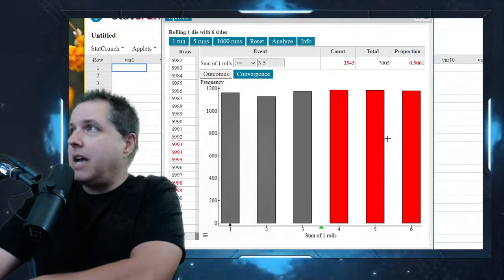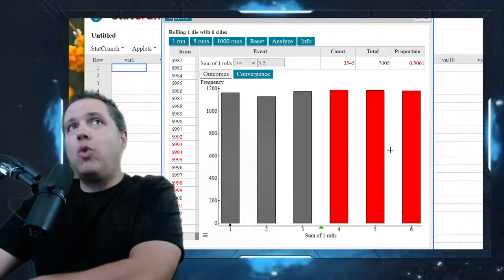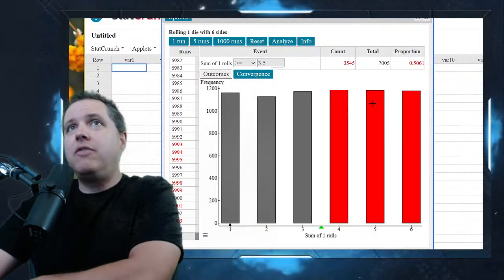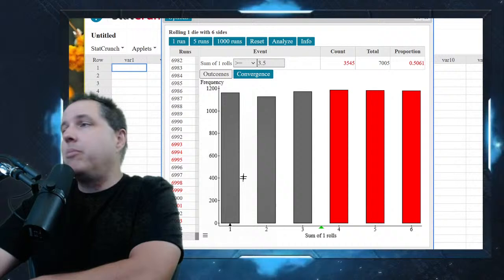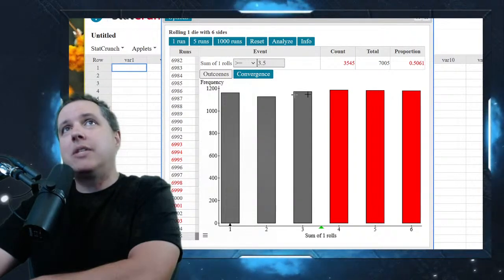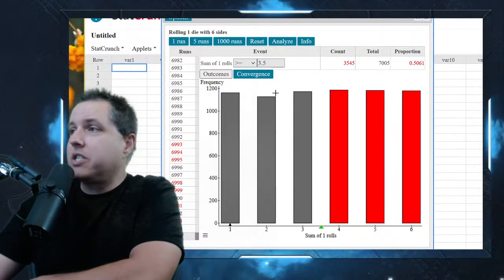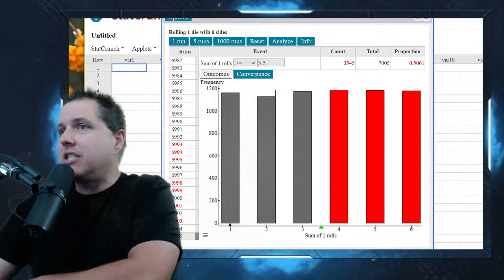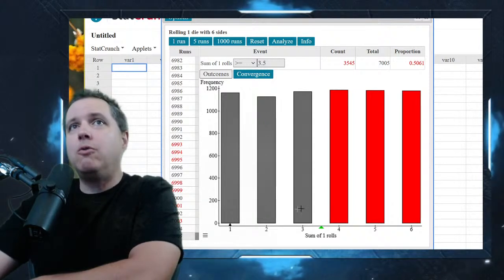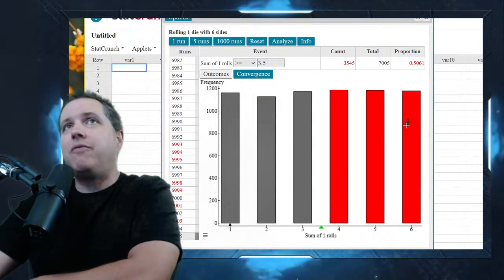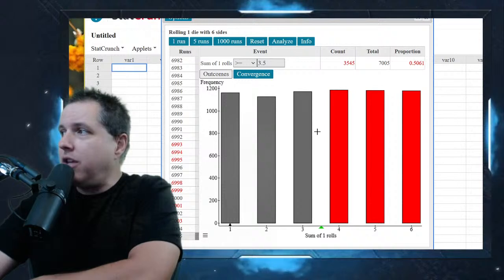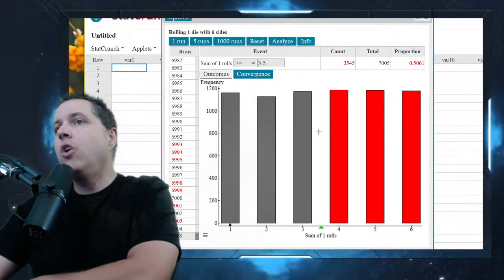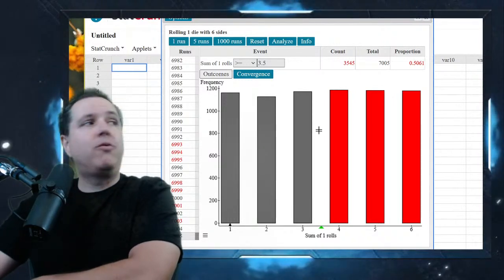If you're going to roll a dice, you expect a 1/6 chance of getting any of these numbers, right? Now in practice, it never comes out perfect, but that's what you expect to have is a 1/6 probability of getting a 2 or a 1/6 probability of getting a 5. Those probabilities are all equal to each other, which means we have a uniform distribution.